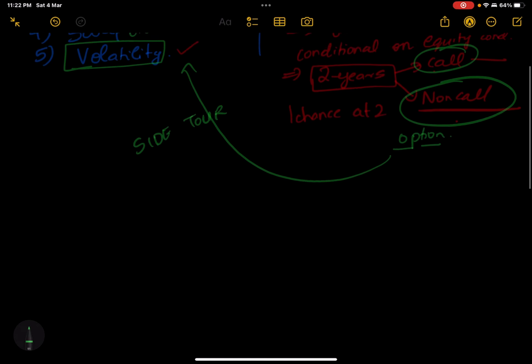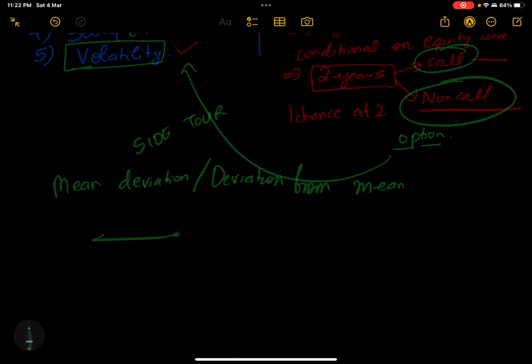Volatility is nothing but your mean deviation, or deviation from mean. I just tend to think of it as if some asset is here, this is the volatility, how much it can move in either direction equally.